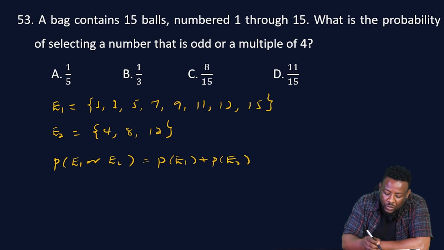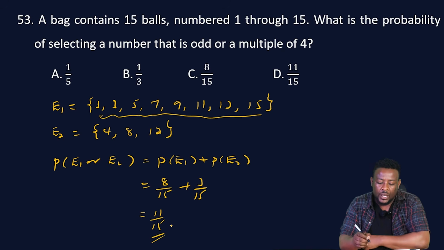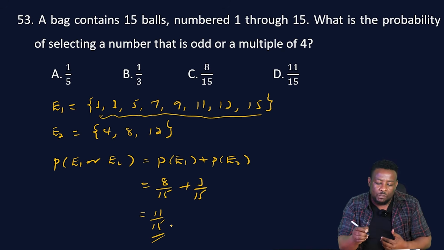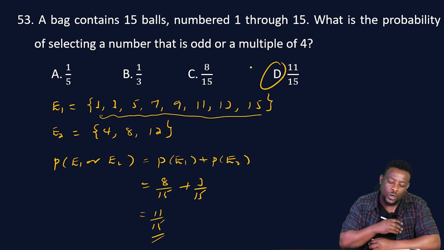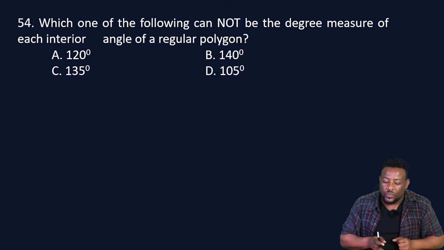Probability of E1 is 8 over 15. Probability of obtaining a multiple of 4 is 3 over 15. The result will be 11 over 15. Therefore the answer for question number 53 is D.